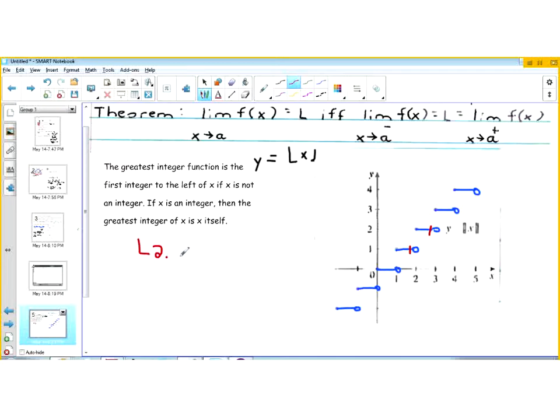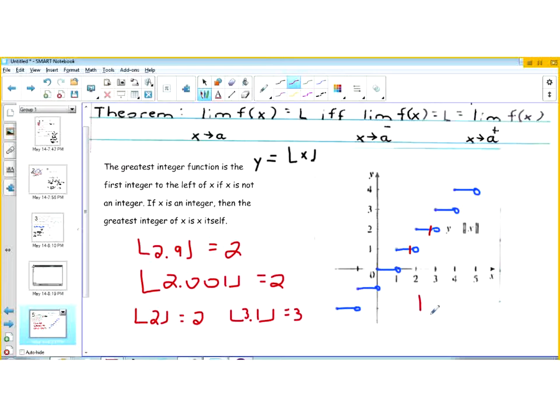So greatest integer of 2.9 is 2. The greatest integer of 2.0001 is 2. The greatest integer of 2 is just 2. The greatest integer of 3.1 is 3, because 3 is the first integer to the left of 3.1.